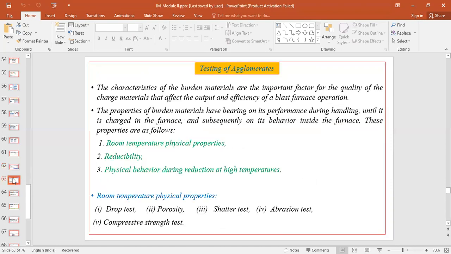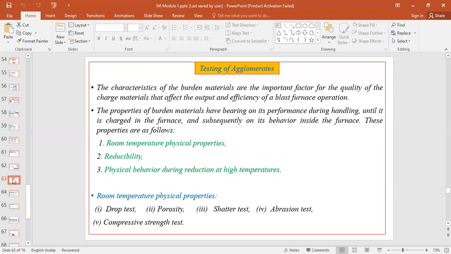So once the induration process has completed, the fired pellets are ready for charging.